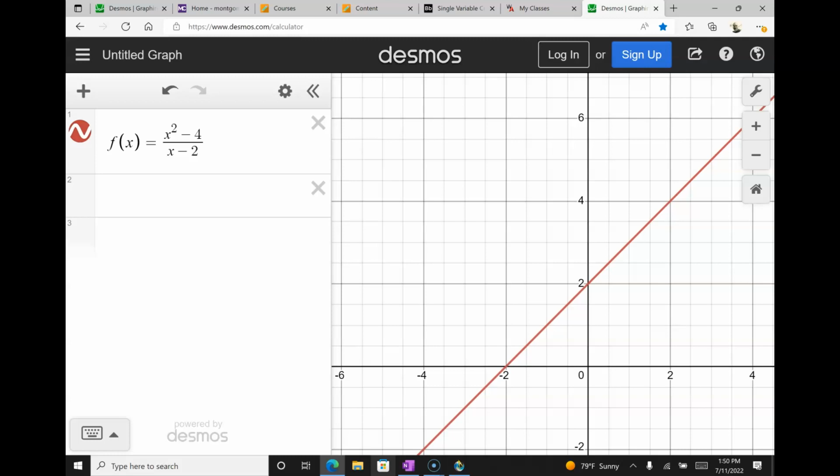At 2, I see a height of what? 4. So it looks like my limit is 4. And it is that simple.